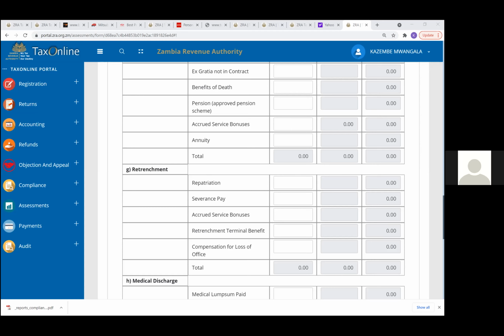So when that mistake is noticed within the charge year, like for 2021, if I notice that this employer is still using the first 3,300 instead of 4,000, meaning they are overtaxing me, I can go to them, and when they do a recalculation, provided the year has not yet ended, they should refund me themselves, not tell me to wait for the year to end and go to ZRA to make a claim. No, that is wrong.